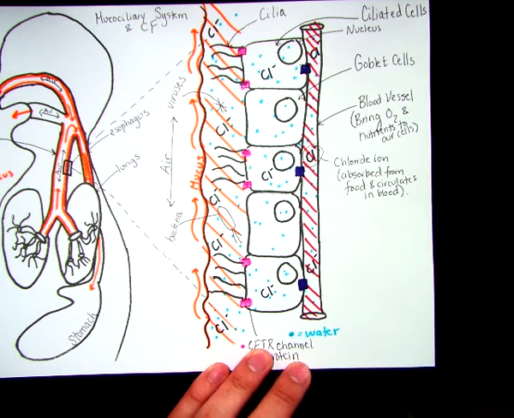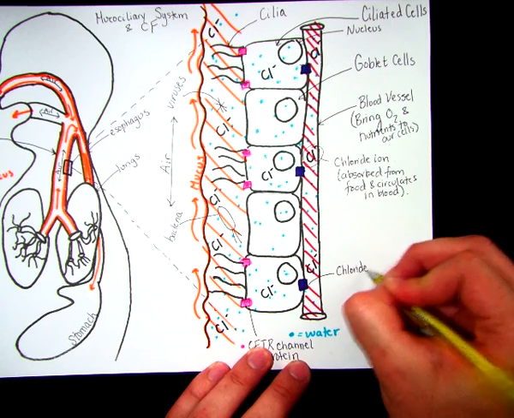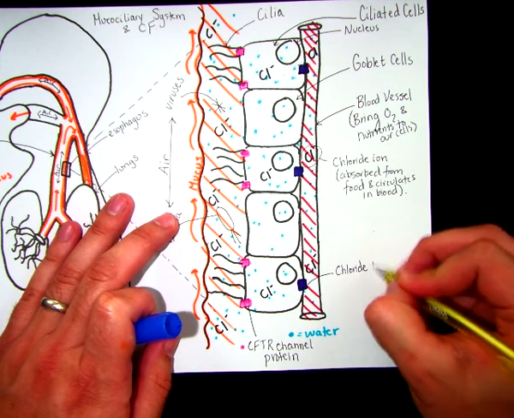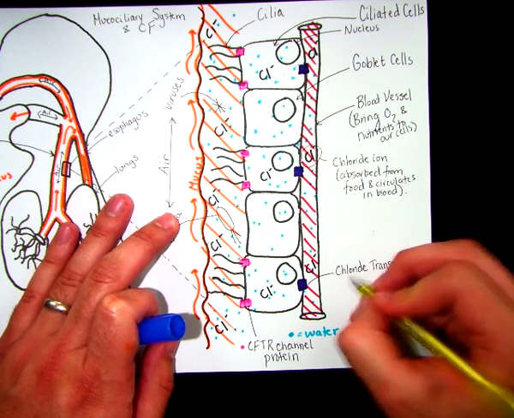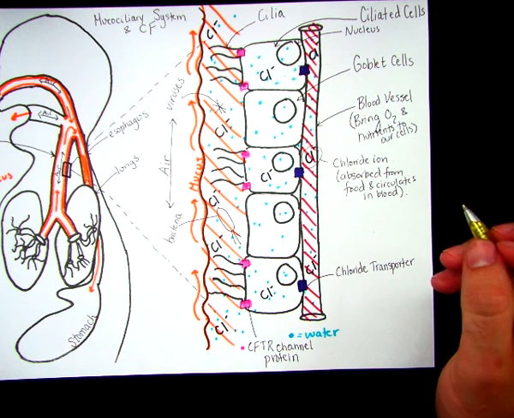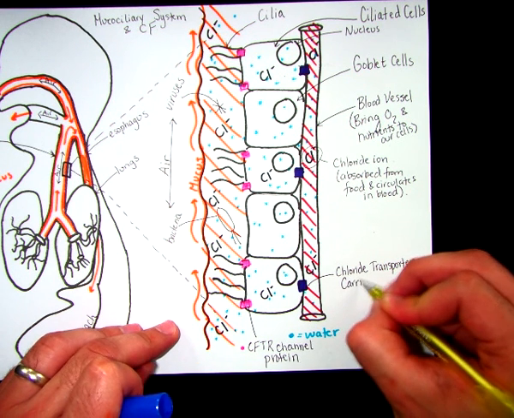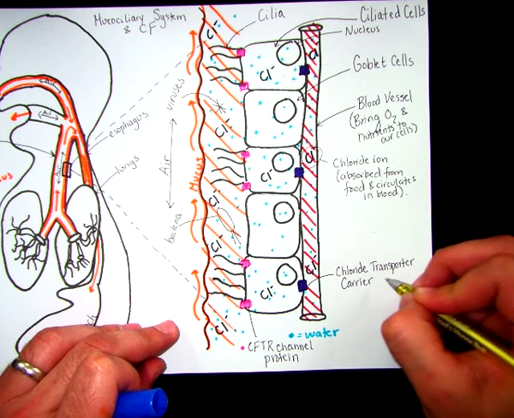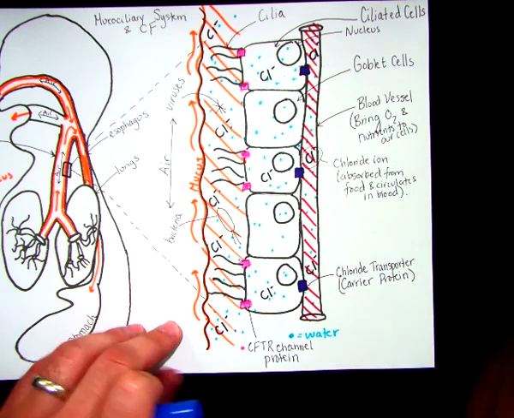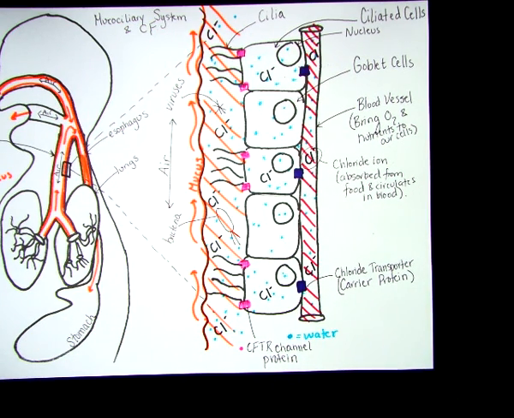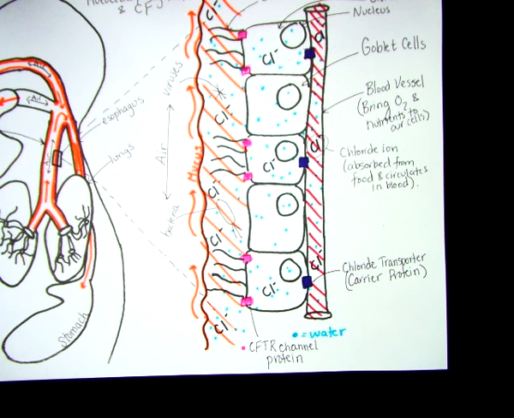These are called chloride transporters, which are carrier proteins. So there's chloride transporters on the other side, which are carrier proteins, not channel proteins.